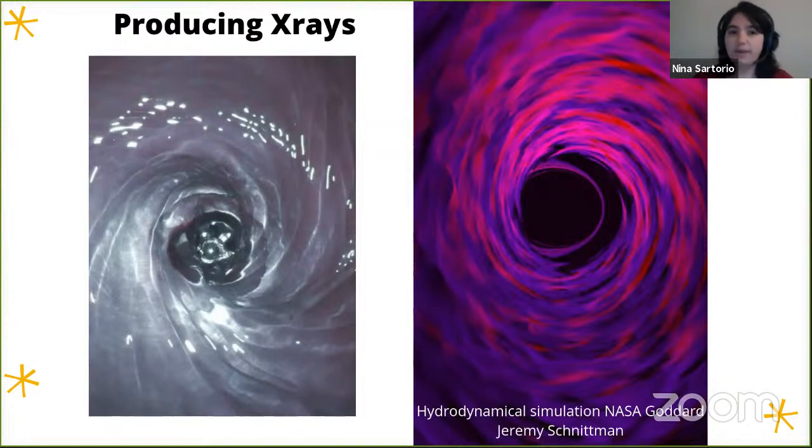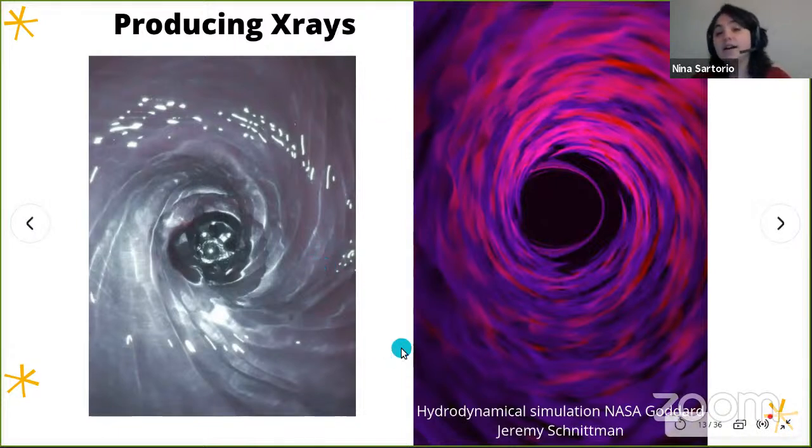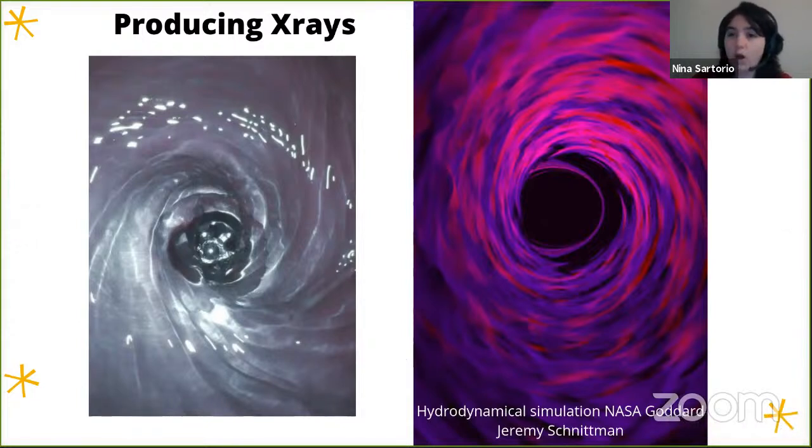Imagine that you have a bathtub full of water and you pull the plug on the drain and the water starts draining. Then it's usually going to form this turbulent structure of the water, as you can see here in the picture on the left. Here on the right is an actual hydrodynamical simulation done by astronomers of the flow of matter into a black hole. And you can see that they are actually pretty similar, right?